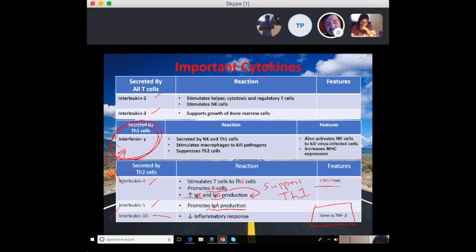And having a lack of interleukin 10 or a lack of TGF-beta is associated with autoimmune diseases because you don't have a way to stop this inflammatory reaction, so you're constantly going to have inflammation. Any questions on this page? All right.